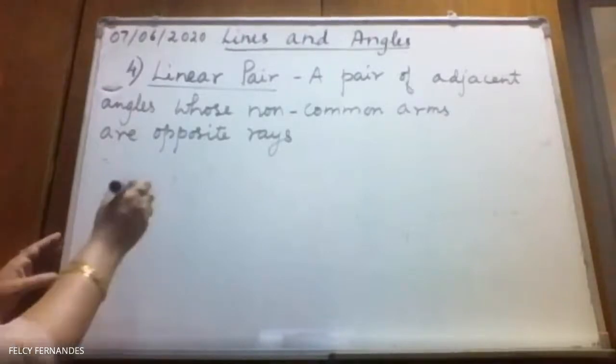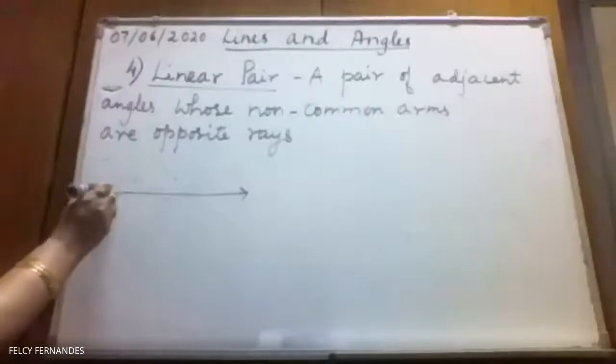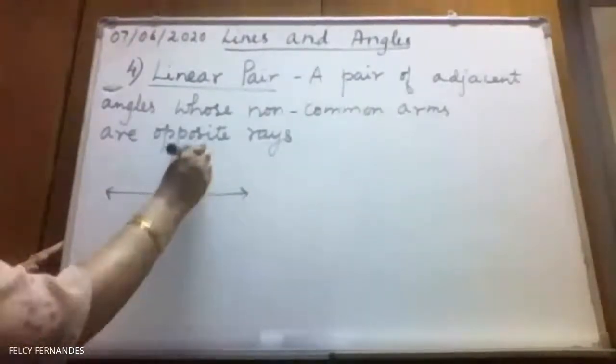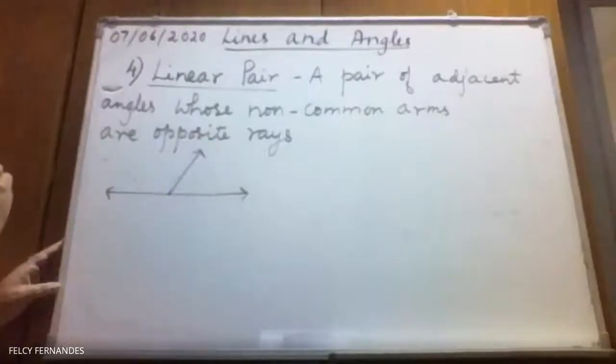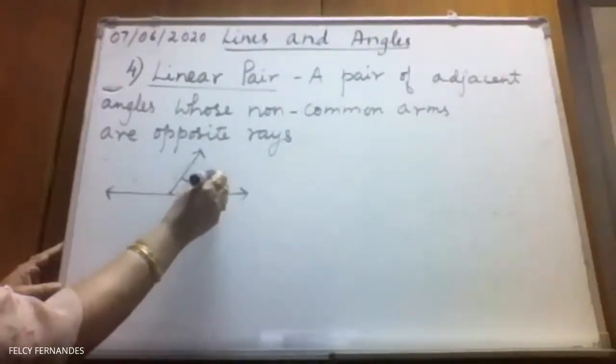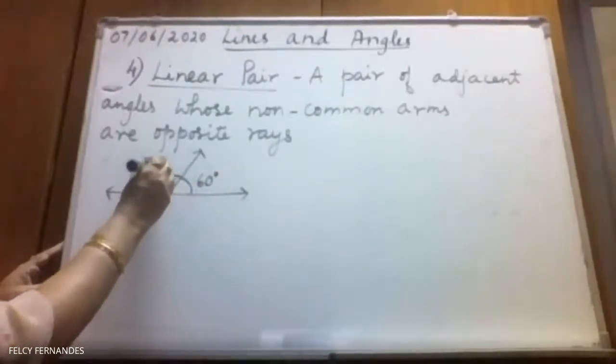Now you can draw a diagram. Just a line. These are non-common rays, and this is the common ray here. 60 degrees, 120 degrees.